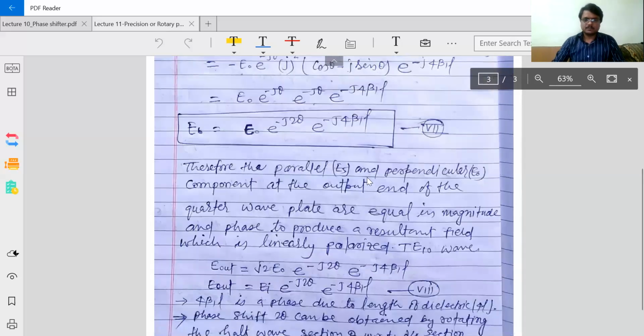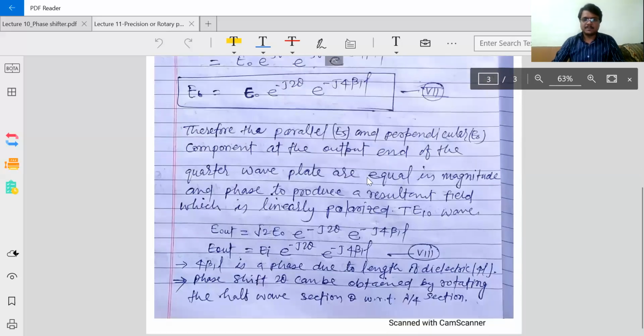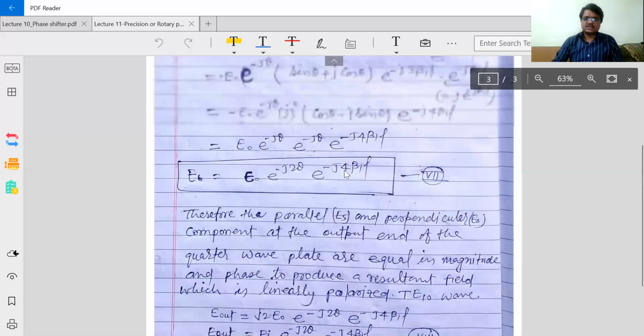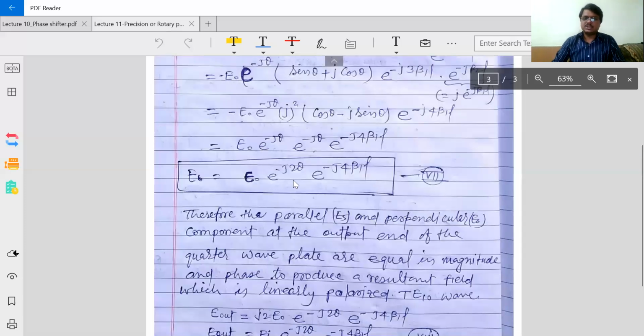So what we will get is an extra e to the power j 2 theta phase. All the rest of the things are similar, but this e to the power j theta, which depends upon the rotation of the rotary section, is a different thing, and because of this rotation we are getting this phase shift e to the power minus j 2 theta.